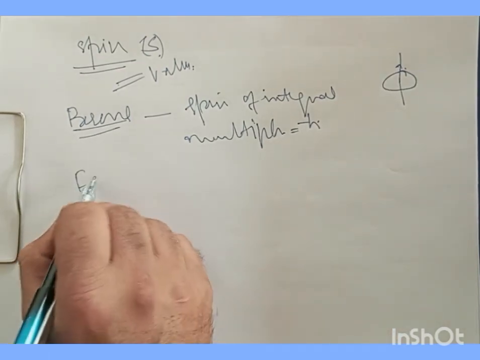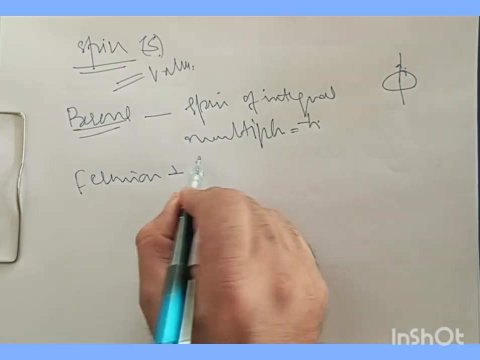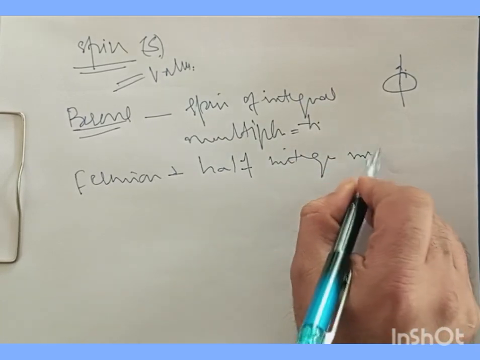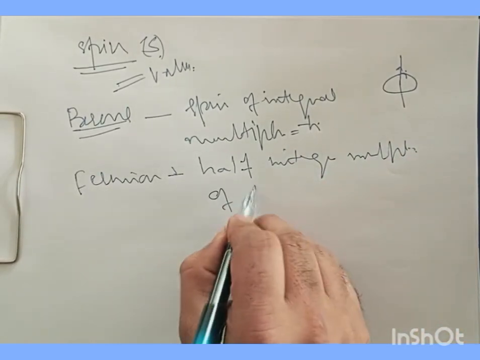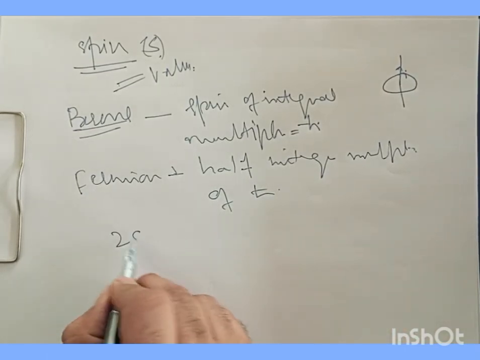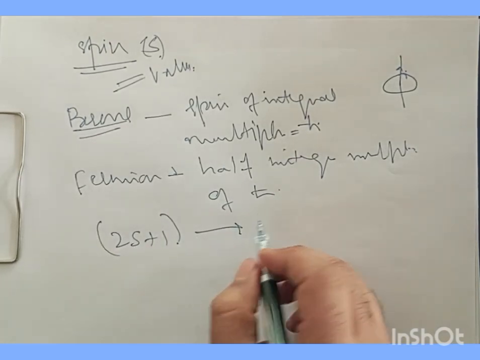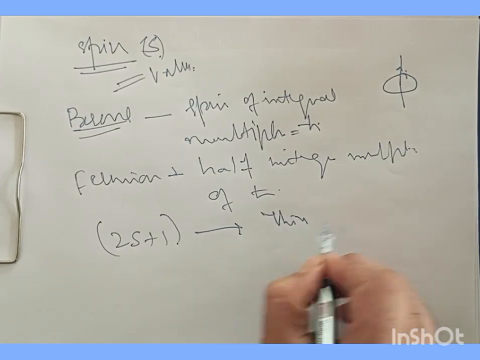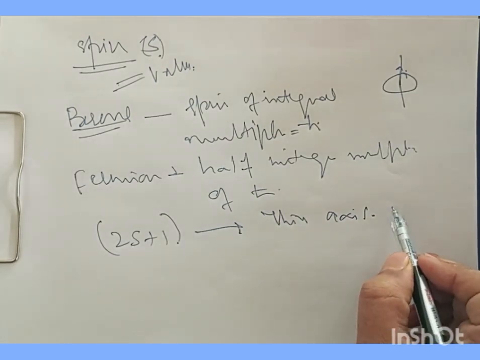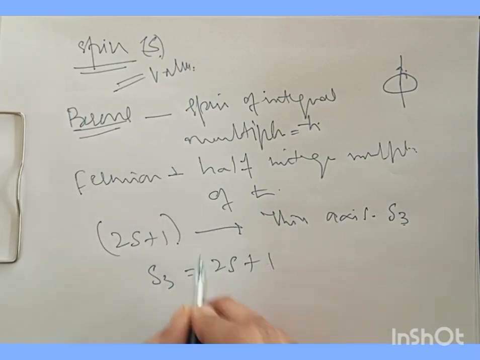So there are 2s plus 1 components of spin along the third axis, denoted by S3, and this is 2s plus 1.